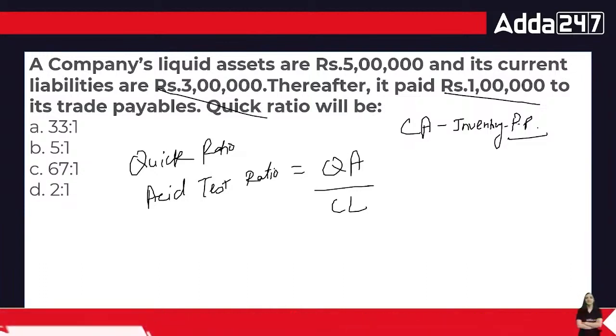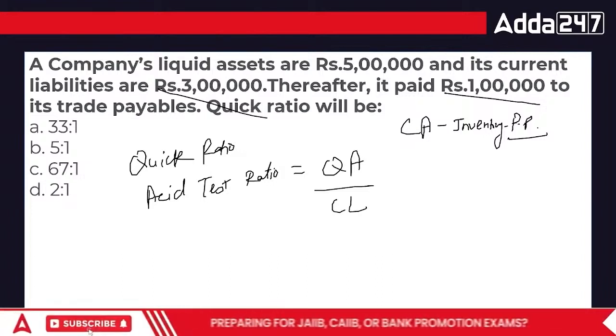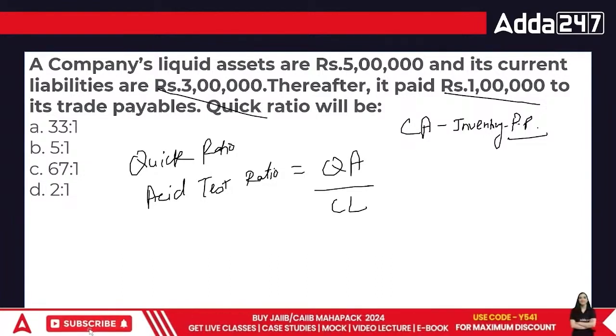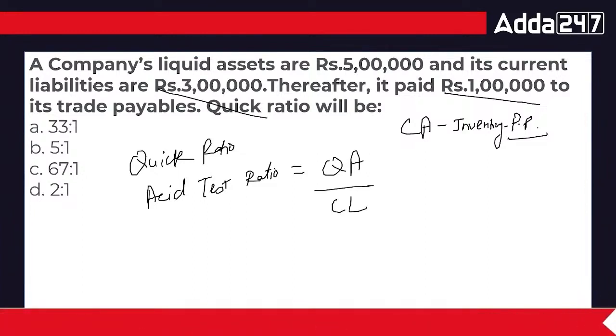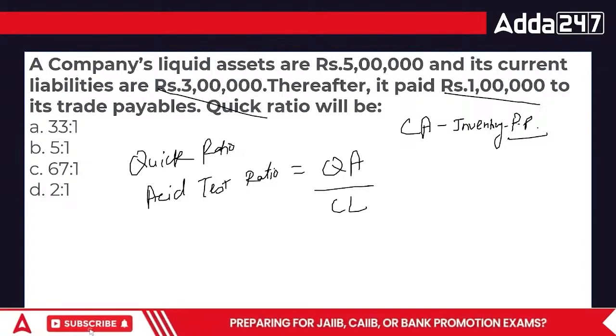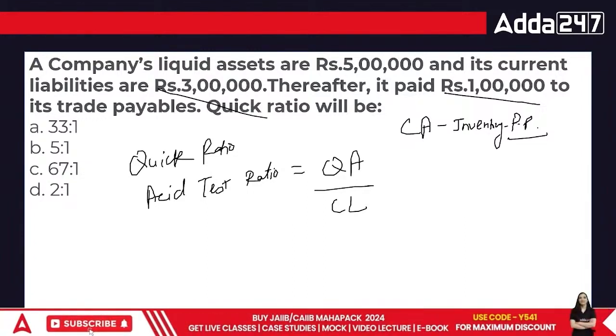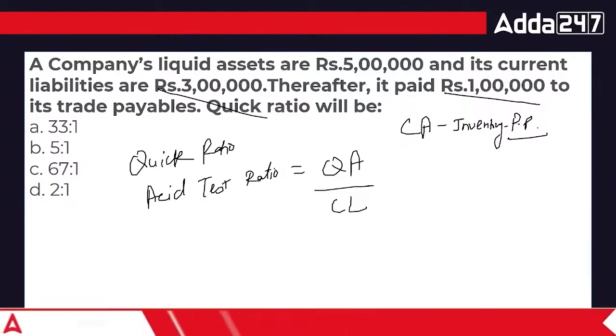When we talk about prepaid expenses, the same thing goes. Say I have a prepaid SIM. The moment I get a prepaid SIM, the value of the prepaid SIM would be noted.